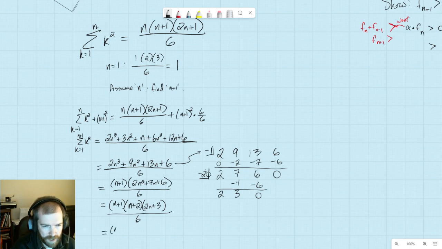So this is going to be n plus 1, parentheses n plus 1 plus 1, and 2 parentheses n plus 1 plus 1, all over 6, is equal to the sum as k goes from 1 to n plus 1 of k squared.